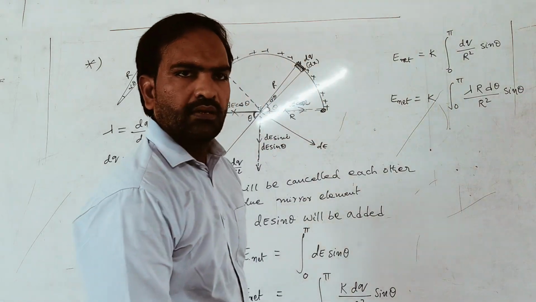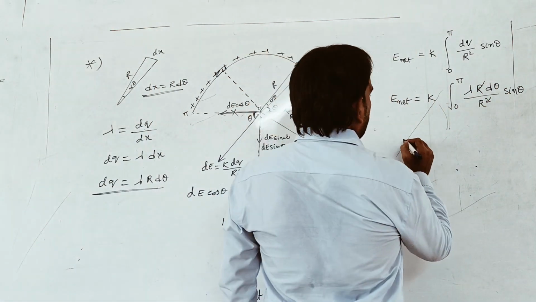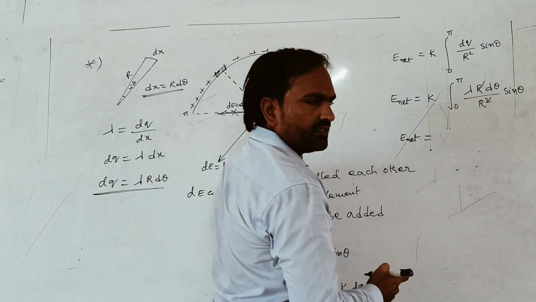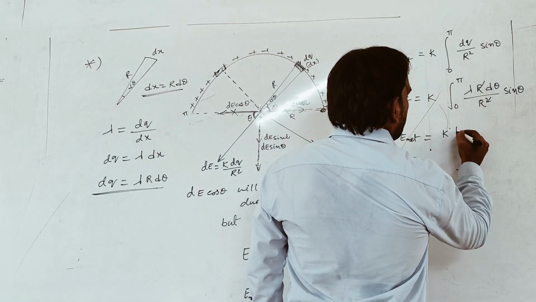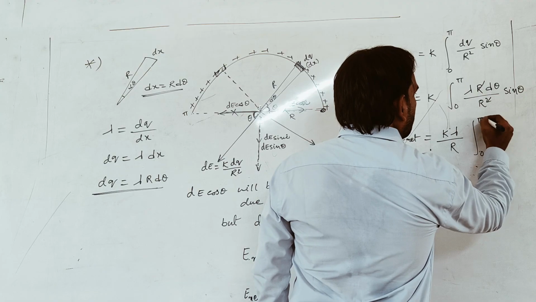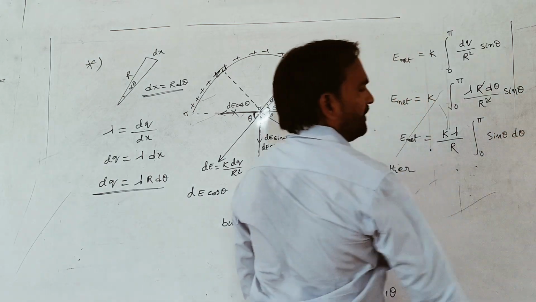Okay, students? So r gets cancelled. Then E net is equal to k lambda by r, since lambda and r are constants, removed from this integration, integration from 0 to pi of sin theta d theta.